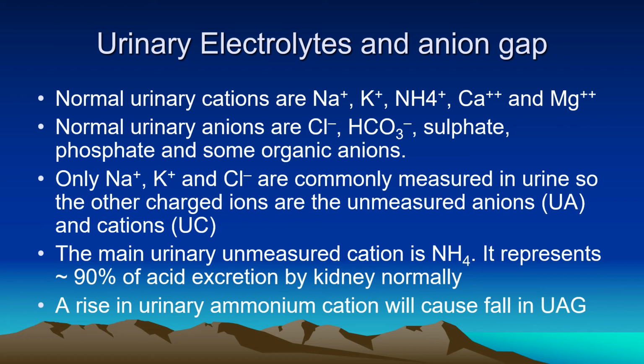So other charged ions can be considered as unmeasured anions and unmeasured cations. The main urinary unmeasured cation is ammonium, which represents 90% of acid excretion by the kidney normally. This is very important. A rise in urinary ammonium cation will cause a fall in urinary anion gap because they go in opposite directions.